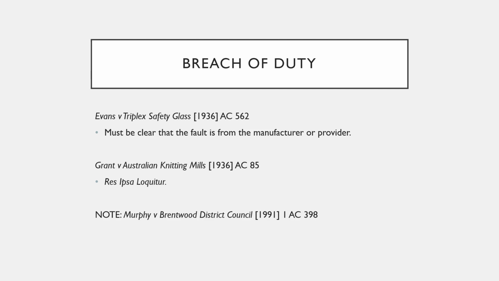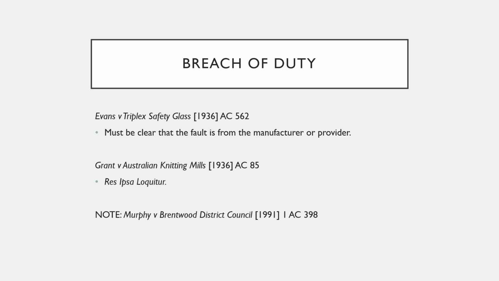Obviously within contract you'd be able to get the money for the phone back, but under tort you can't claim for the item itself, which is the idea of pure economic loss. It's not covered.